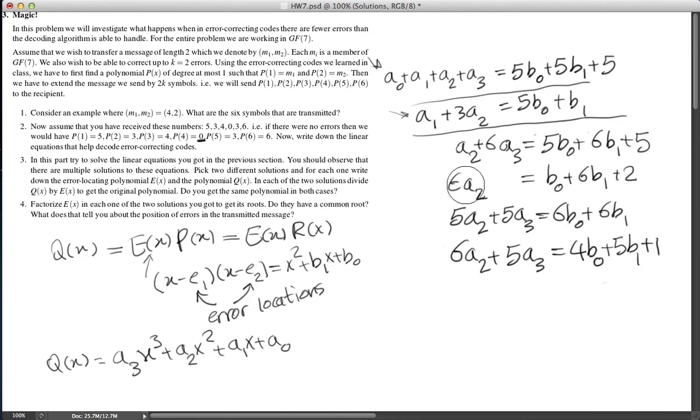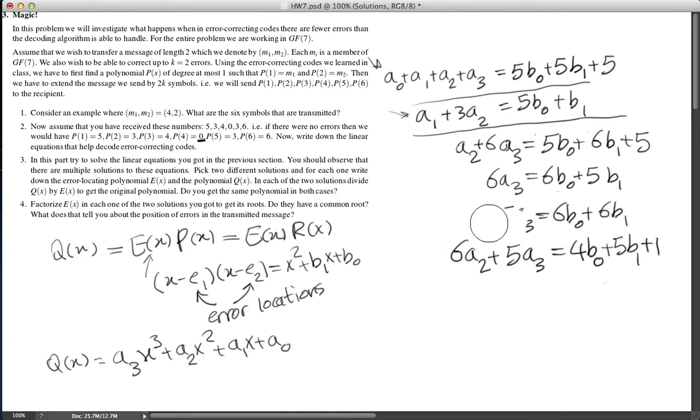If we do that, what we're going to end up with is 6 times a3 equals 6 times b0, and then plus 5 times b1, and then there is no constant term.